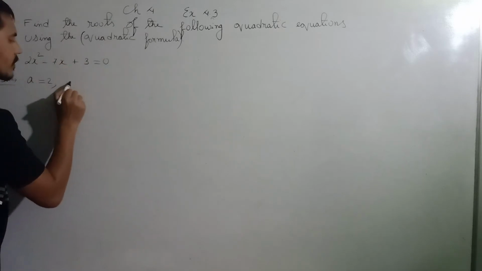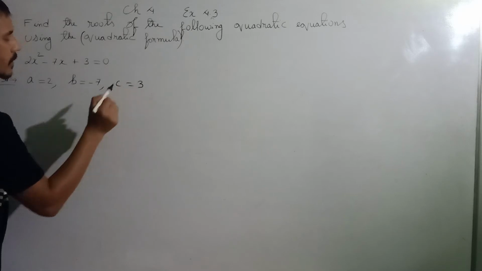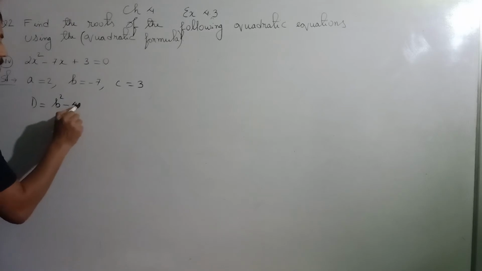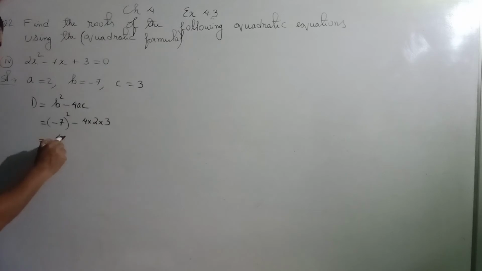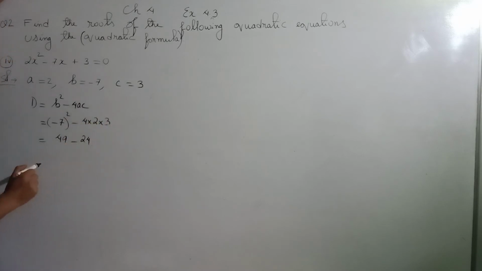Coefficient of x is minus 7, so b is minus 7, and the constant term is 3. Now we find out the discriminant, which is b squared minus 4ac. Your b is minus 7, so minus 7 squared minus 4 times a is 2, c is 3. Minus square is positive, 7 squared gives you 49, minus 4 times 2 is 8, 8 times 3 is 24. So which is equal to 25.